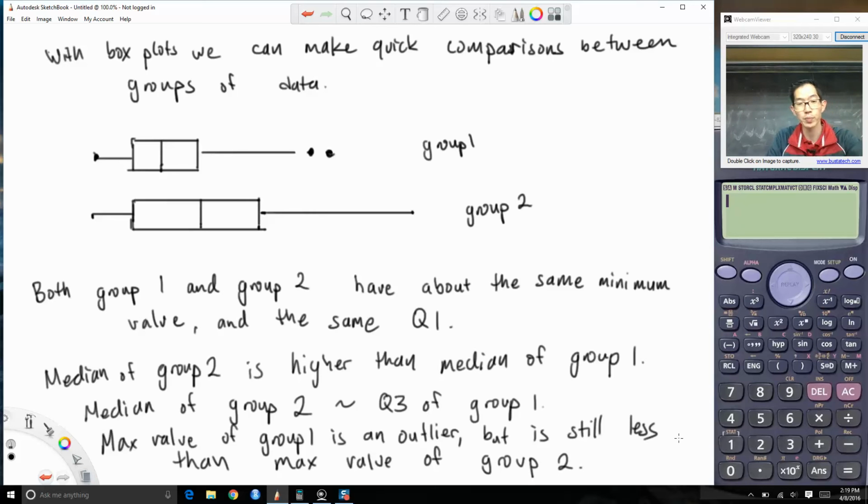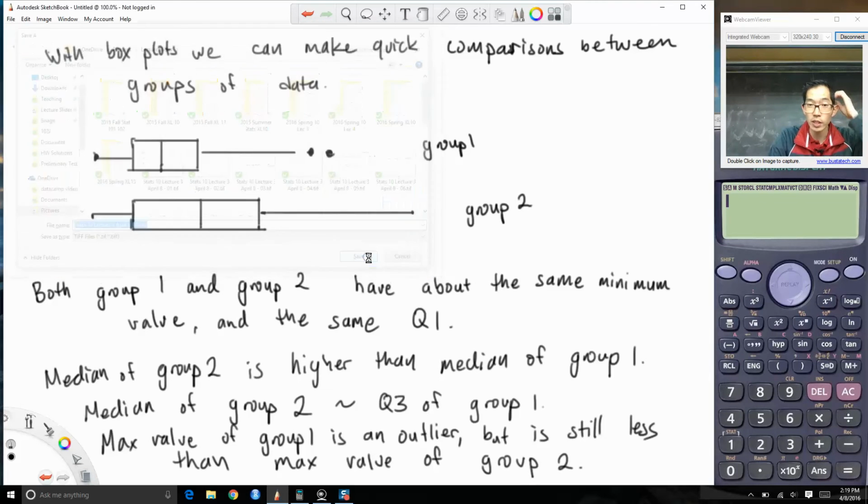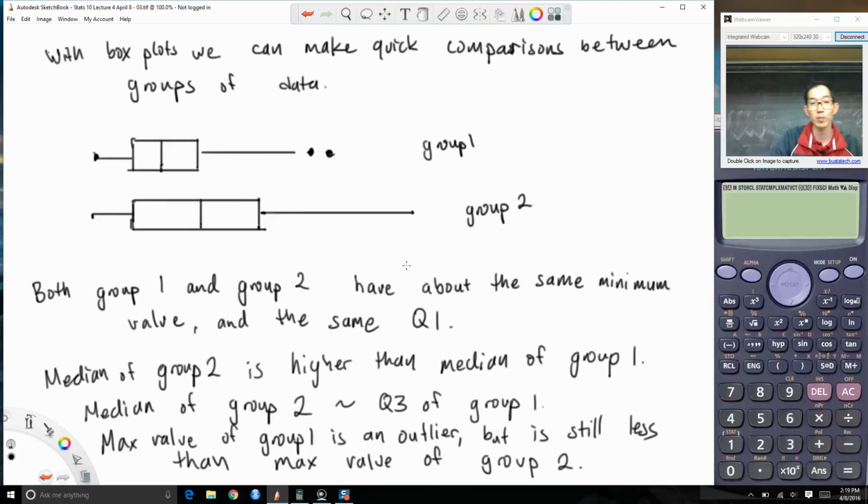And so just from a few simple lines and dots, we can summarize a fair amount of data here. It's also interesting to note that anything beyond over here encompasses 25% of the data. From here to here encompasses 25% of the data, because this is the median and Q3.